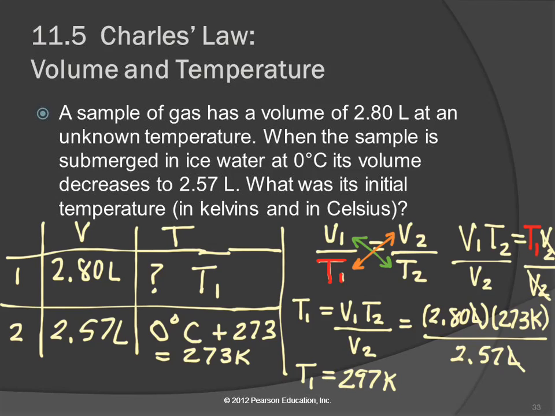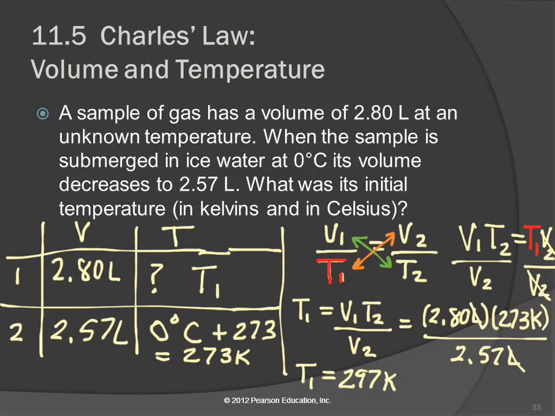Okay, so does that make sense? Let's go back to the problem. We had this at an unknown temperature, and we put it in ice water. The volume went down. Was the initial temperature higher or lower? Higher. It was higher because you put it in ice water and it got smaller. So we're expecting a higher temperature, and 297 is higher than 273, so we're on track.